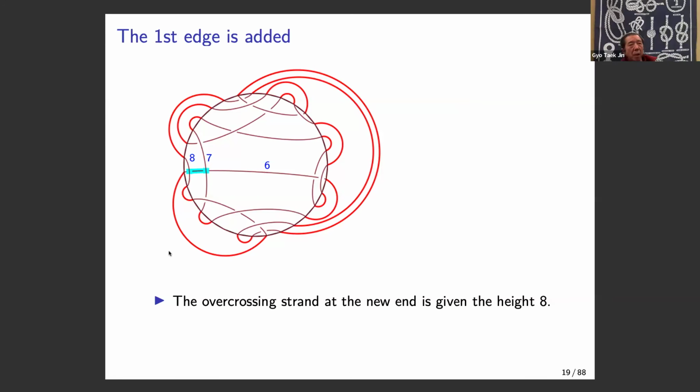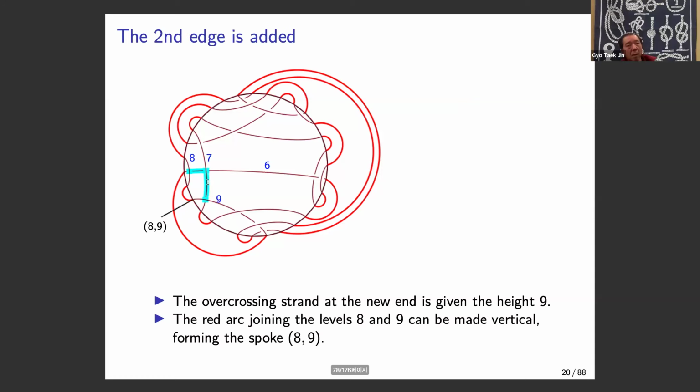So here's the first edge, and then we meet a strand which goes over, so we give height 8. For the second one, we also meet an overcrossing, so we give height 9.